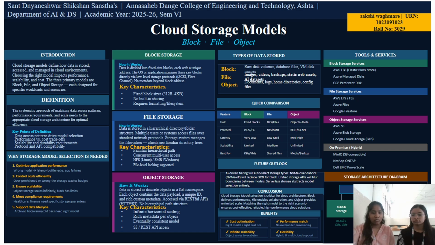Block and file storage both require the storage to be attached to an OS, you need a driver, a network connection, a mount, and OS-level support. Object storage is accessed via plain HTTP REST API. You use PUT with the object data in the body to upload, GET with the key to download, and DELETE to remove.